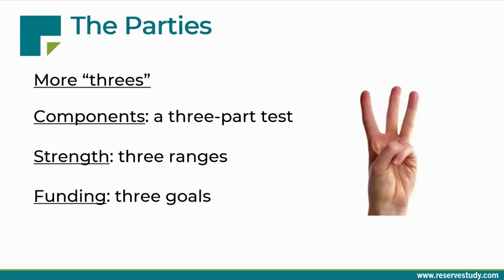Of the reserve fund strength calculation, there are three ranges: weak, fair, and strong, or poor, fair, good. And on the funding results, there are three goals: a risky baseline goal, a conservative full funding goal, and a threshold goal somewhere in between. But I'm not going to go down that path too much.